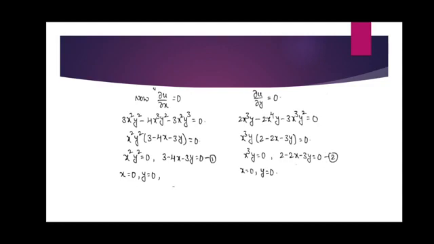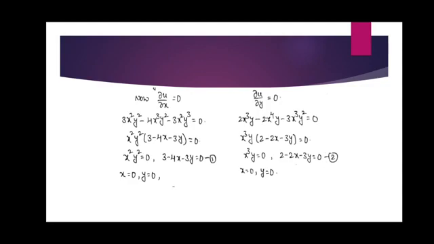Now we see about dou u by dou y equal to 0. Already we have the dou u by dou y value, that is 2x cube y minus 2x power 4 y minus 3x cube y square equal to 0. In this, x cube and y are common in all three terms.